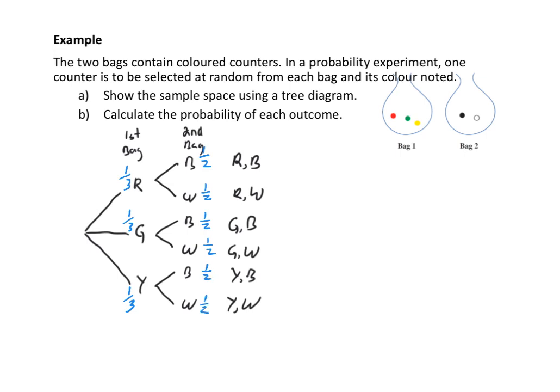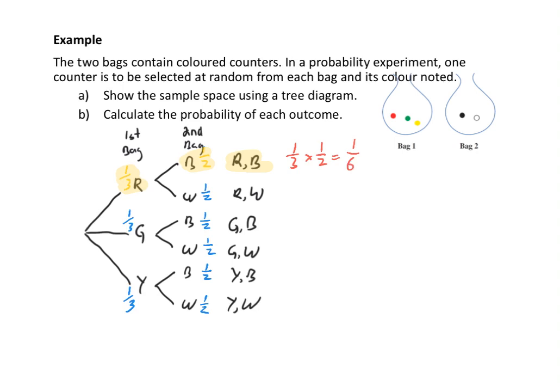So now I can go ahead and calculate my final probabilities for each option. And I do that by multiplying the probabilities together from the tree diagram. So to calculate the probability of a red and a black, I calculate the 2 probabilities occurring. So that is going to be 1/3 times 1/2, which equals 1/6.